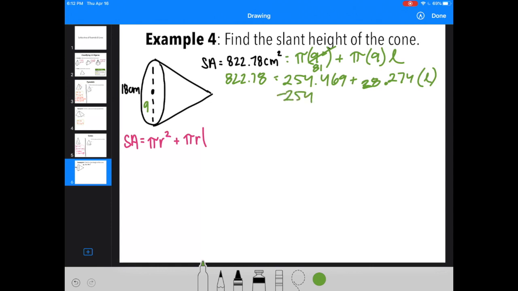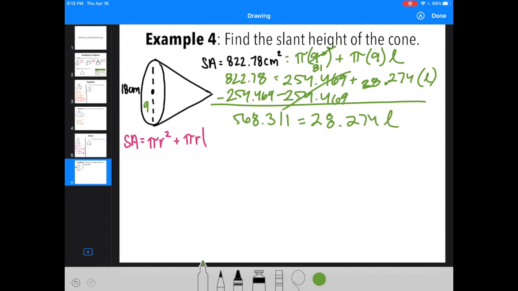I'm going to subtract my 254.469 from my 800. Oh my goodness. Man, this is a lot to type in. To give me 568.311.